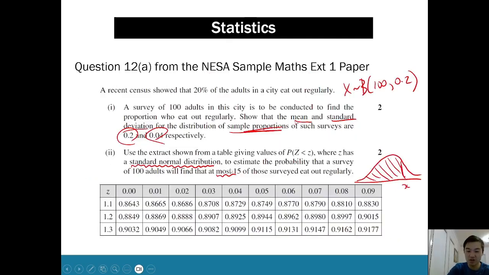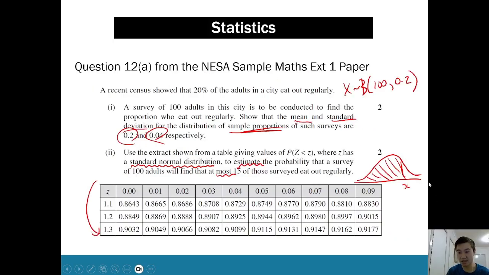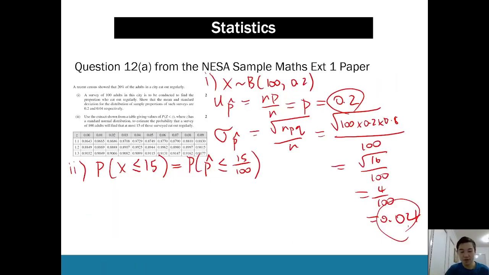So we're trying to estimate the probability using this table. Remember, this is just a normal approximation. This is discrete data here, but we're using the normal distribution to approximate it instead.